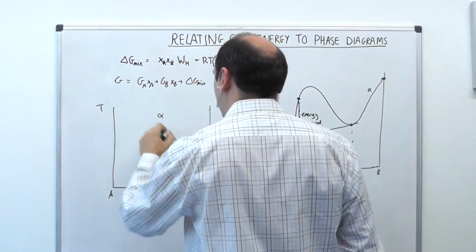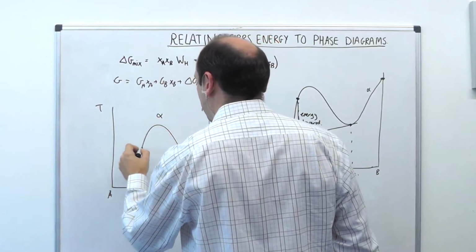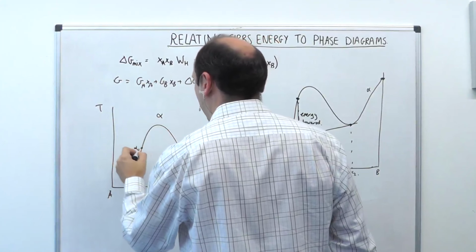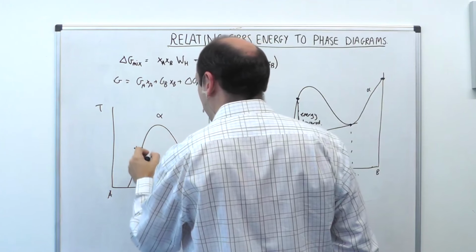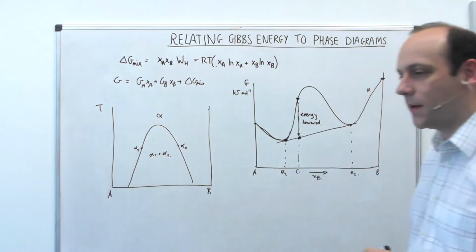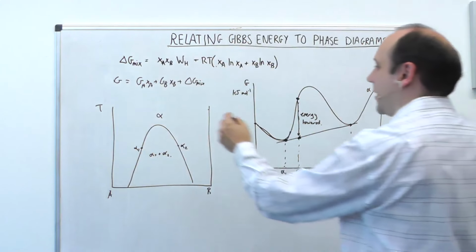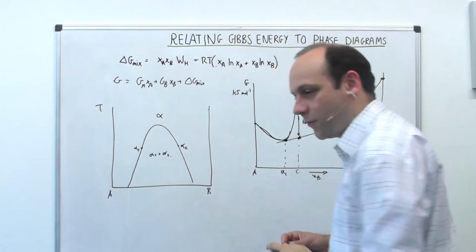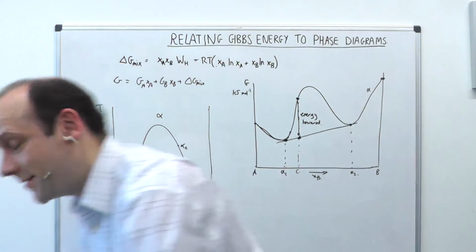But at lower temperatures, then we'll decompose into an alpha 1 and an alpha 2. And this will then be an alpha 1 plus alpha 2 two-phase region. So up at these high temperatures here, the Gibbs energy curve would look something a bit like this.